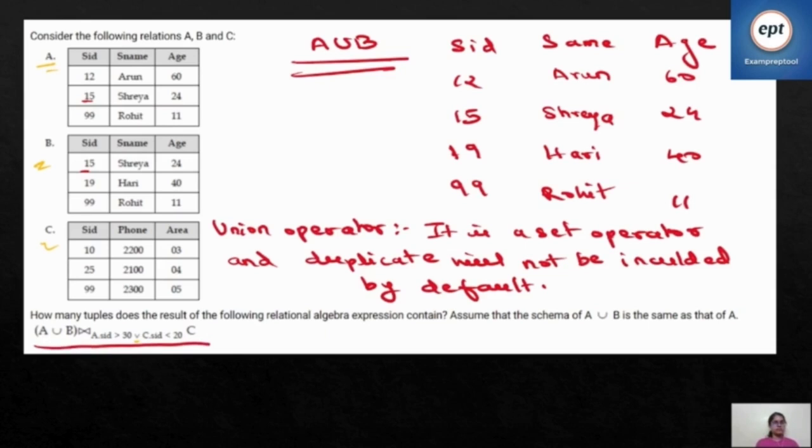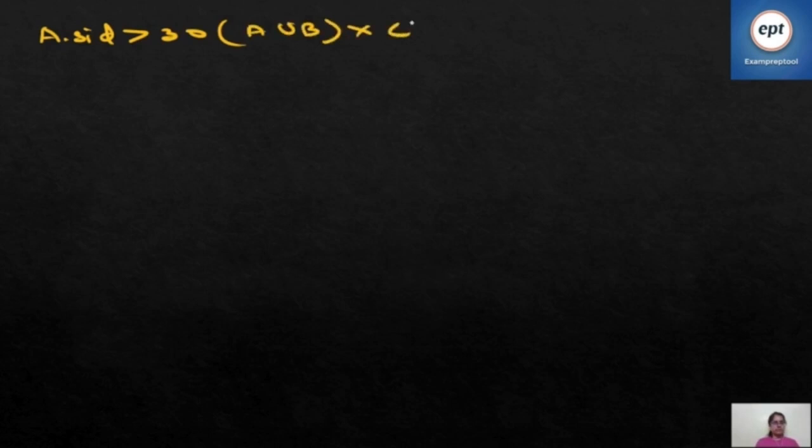So A dot age is greater than 30, and we have to do the union of A and B, and then we have to do the cross with C, like this. So first of all, we will check each row of A whether its age is greater than 30, and then we will combine the union of A and B with each row of C. Like this we will do.